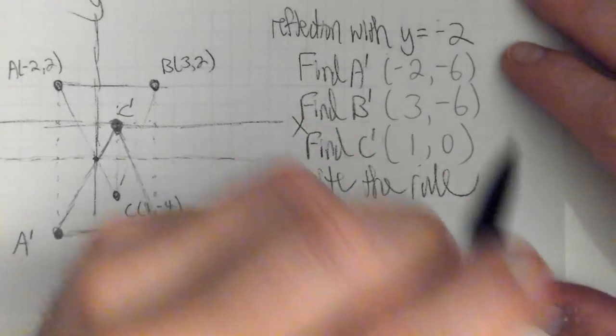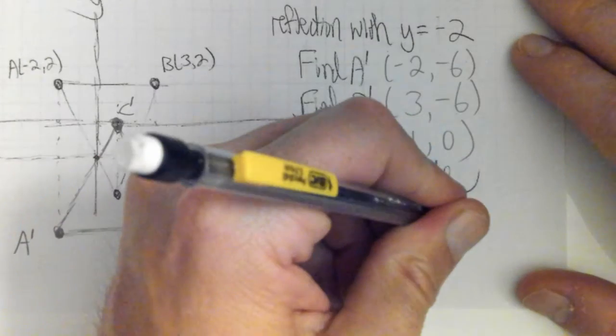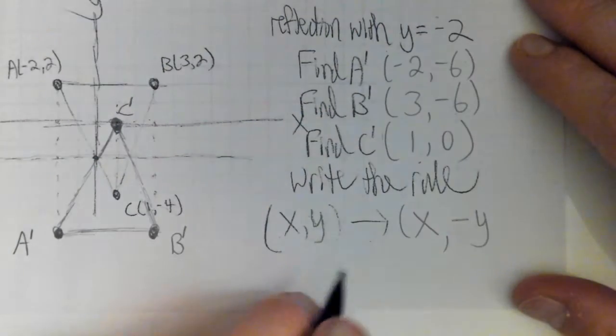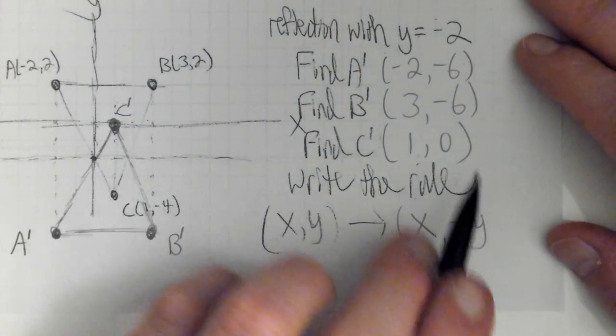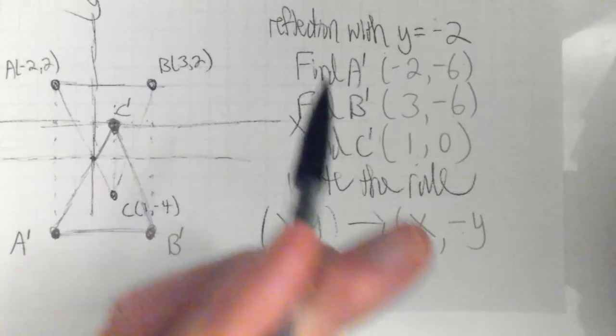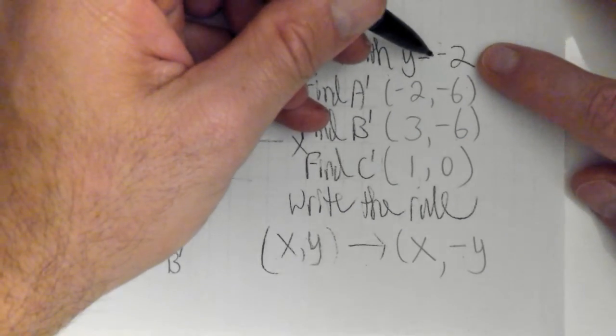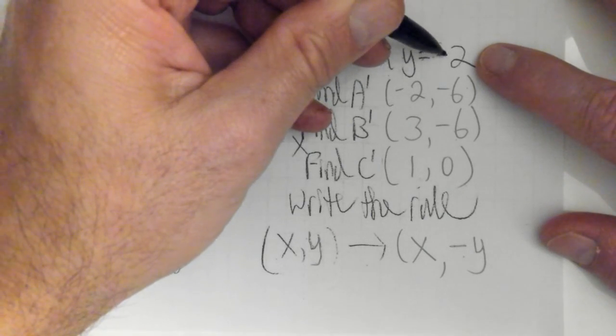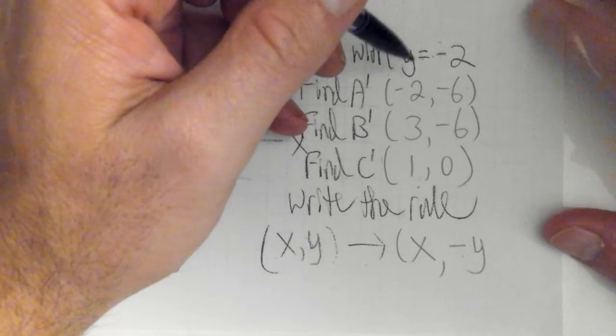Well, remember what we said. With a reflection, the first thing you got to do is change the sign. So it's going to be -y. So it's going to change from +y to -y. So whatever the y is, change the sign. Now, after we change the sign, we need to add it by this times 2. So what's -2 times 2? Well, -2 times 2 is -4.